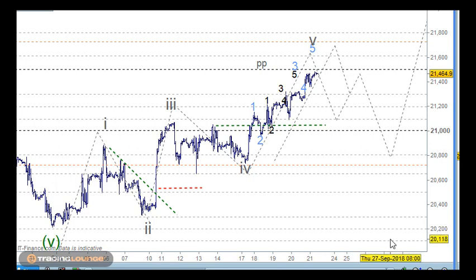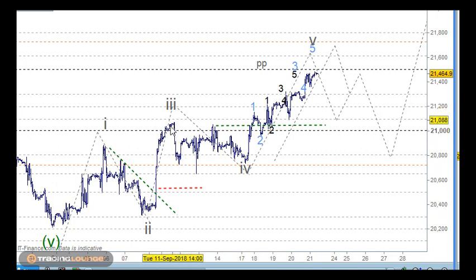It's kind of valid because wave 2 is nice and sharp in this one, but this wave 4 here is more sideways. The only problem with this being a sideways movement is that we're overlapping wave 1 here. When I look at this, it makes a nice wave 4. It's complicated compared to the move up here as wave 3.